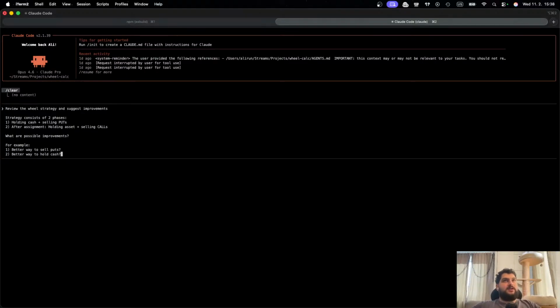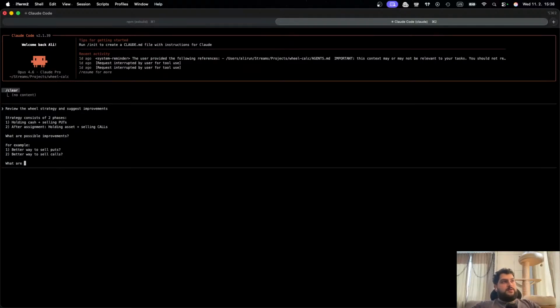This is interesting. I mean, why not? Like additional API or something, but yeah, it's not about holding cash, of course. But yeah, let's just keep it. After assignment, holding assets, plus selling calls. What are the other options?